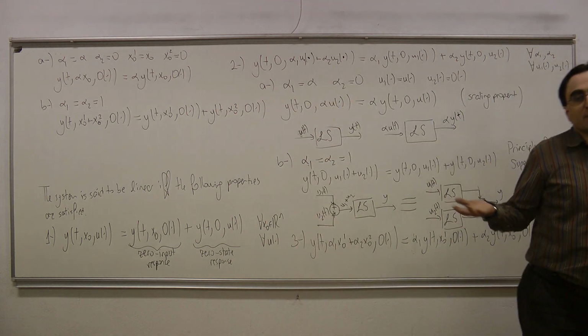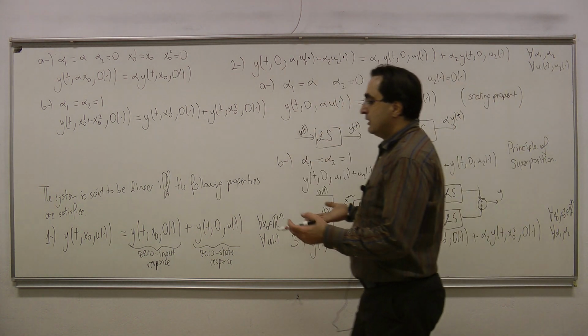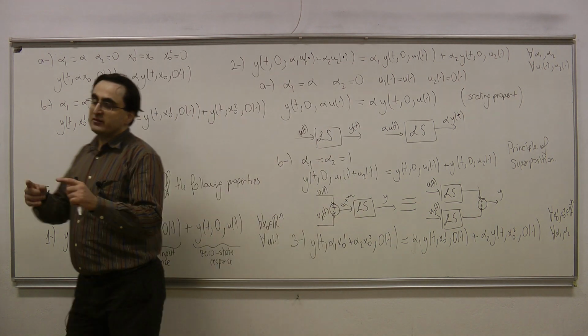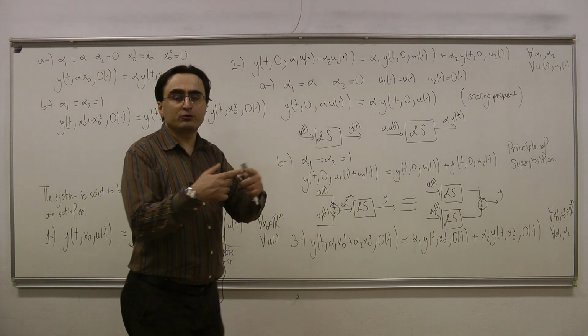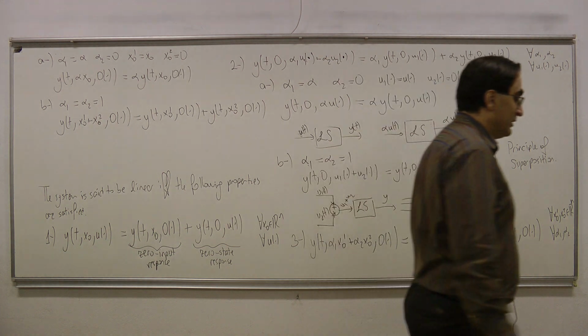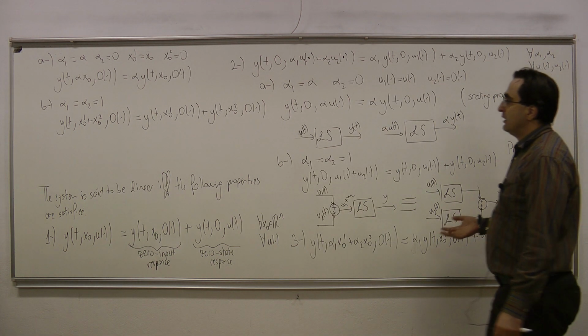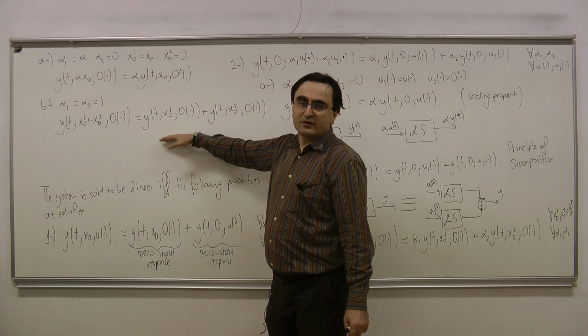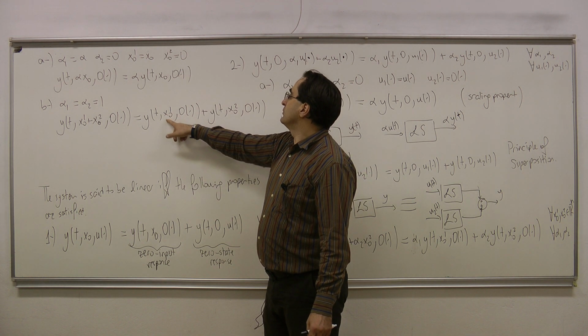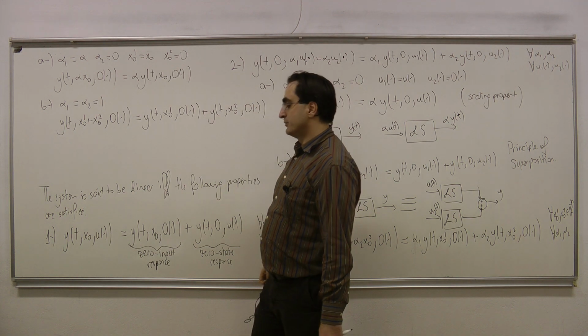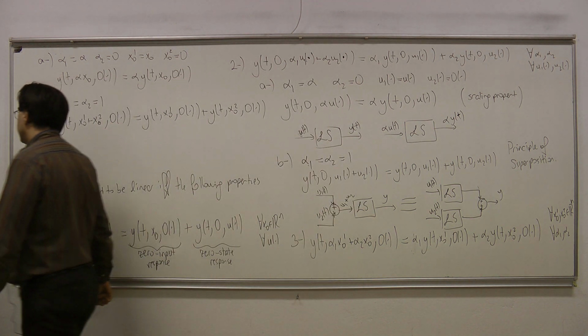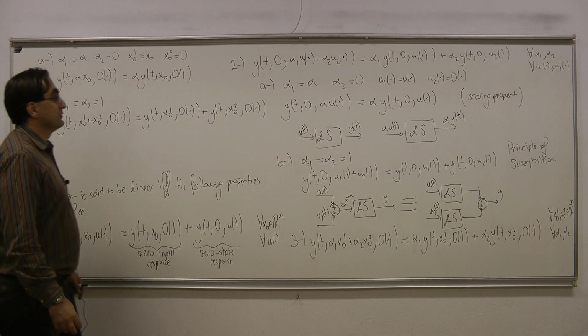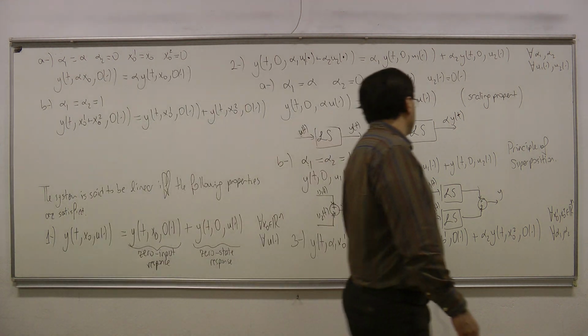When a linear system gets zero input, if you start the system at the sum of two initial conditions, the response is the sum of the responses when the system is started individually with these initial conditions. That is the final property we can get from these.